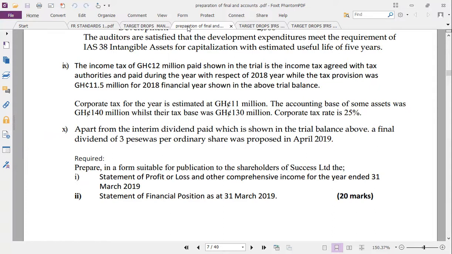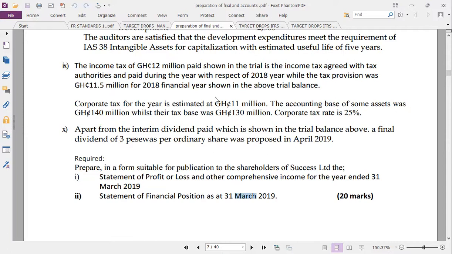It says that the income tax of 12 million paid, shown in the balance, is the income tax agreed with the tax authorities and paid during the year with respect to the 2018 financial year. Let's check the year. We are preparing for 2019.